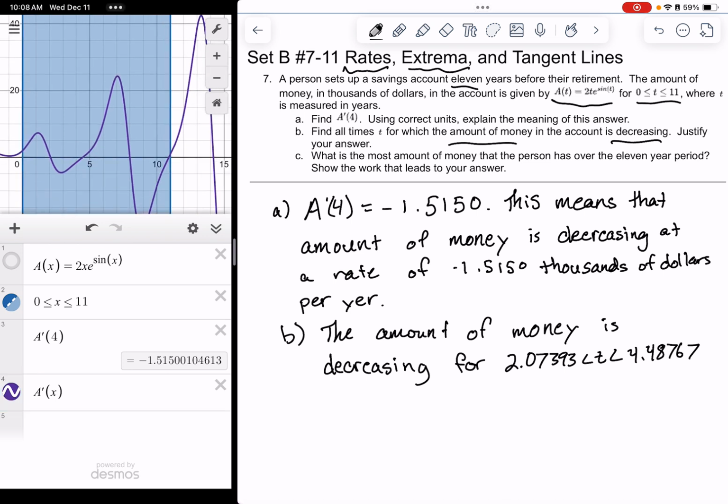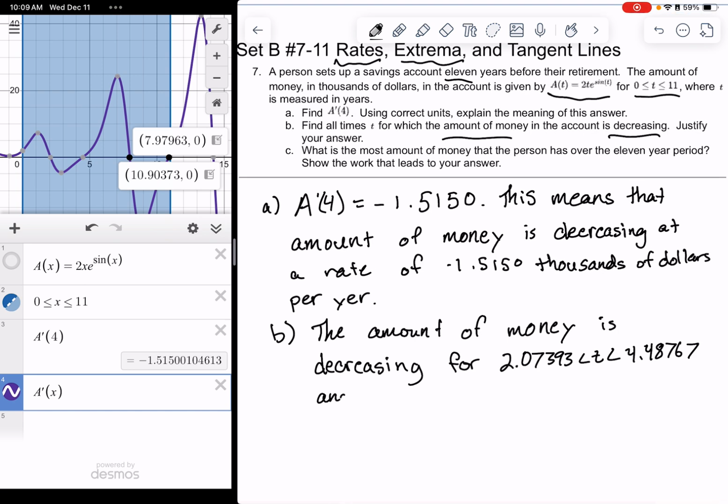And it looks like there might be a second zone here, and that goes from 7.97963 to 10.90373. So 7.97963 less than t less than 10.90373. And we have to give a reason, because A prime of t is less than 0. We just have to say the derivative is less than 0, so the amount is decreasing.